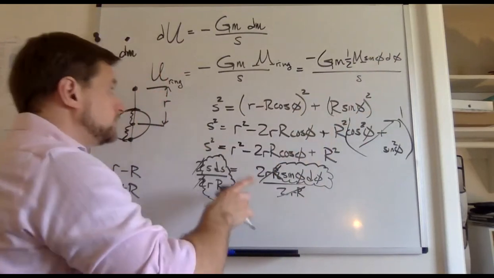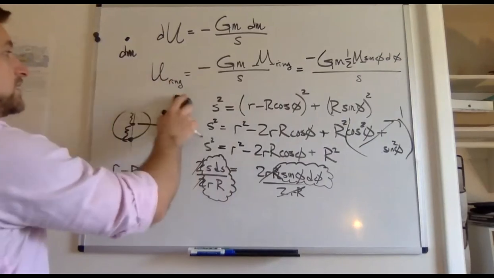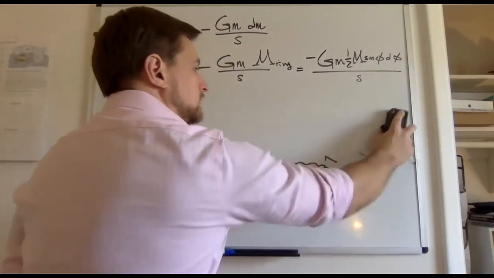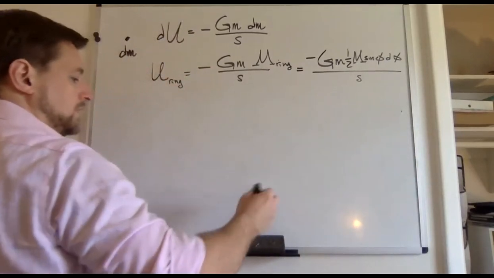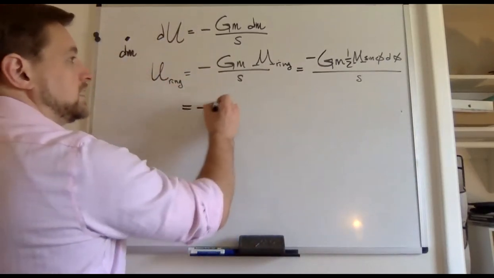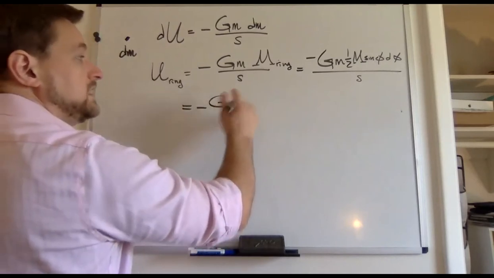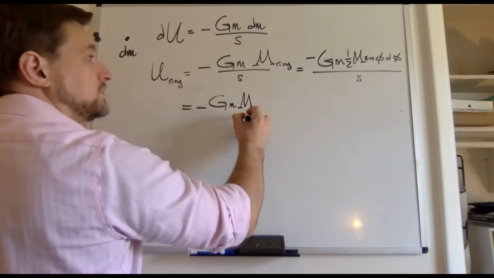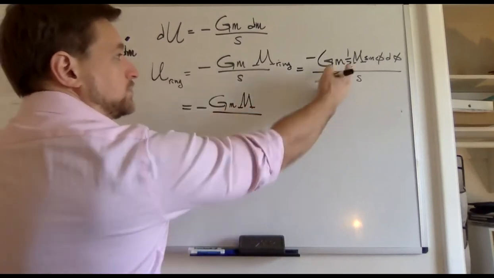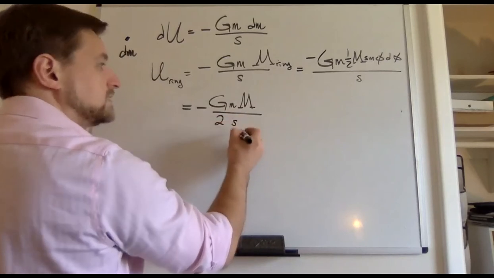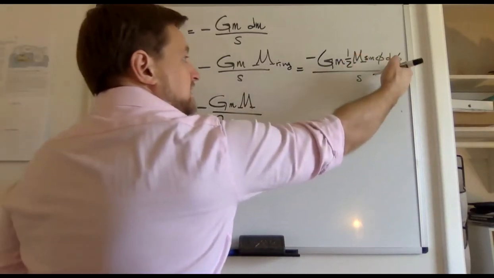So now we can rewrite the potential energy of the ring we're talking about. Negative G little m, the mass at point P, capital M, the mass of the whole thing. Let's put this factor of 2 downstairs. 2s sine phi d phi.